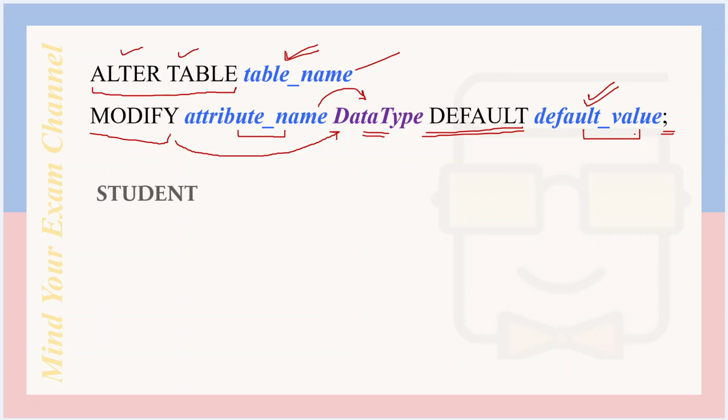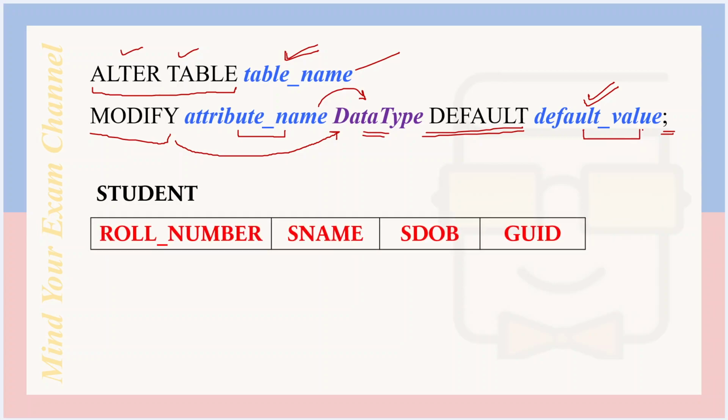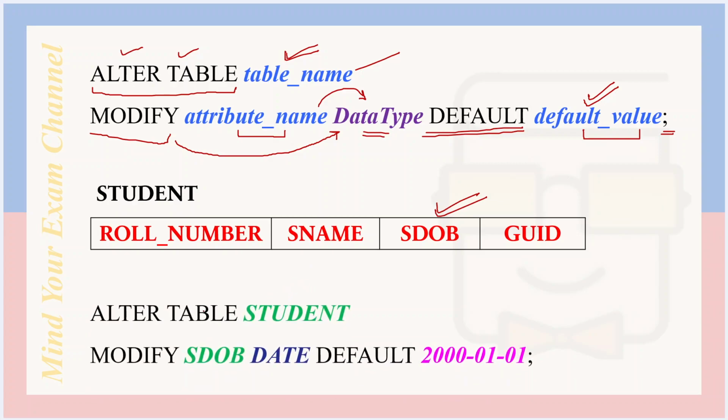Suppose, like the example I took, we have a student relation in which there is an attribute named student date of birth, stored with the name SDOB. So how will you specify a default value for this? Firstly, you will write alter table followed by the name of the table, which is student.